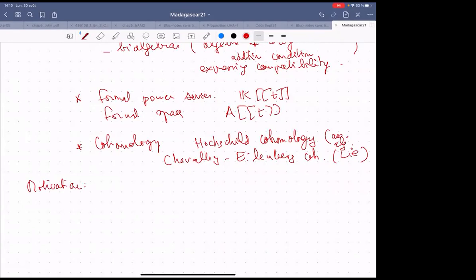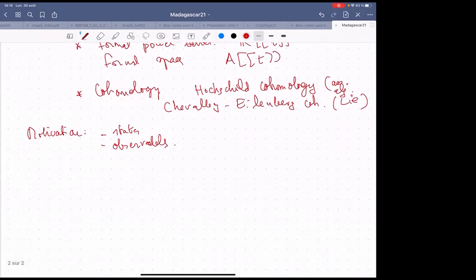We have two main concepts, which are states and observables. These are the two main concepts of physics, and usually we talk about classical mechanics, and we also have quantum mechanics.